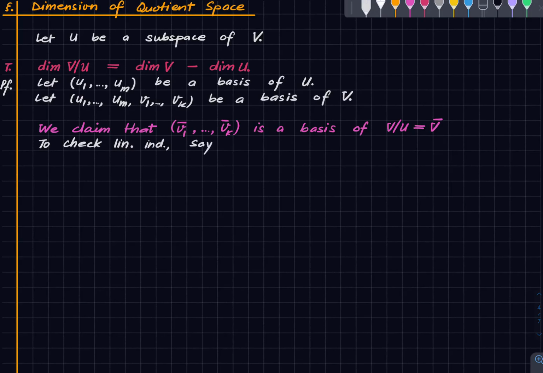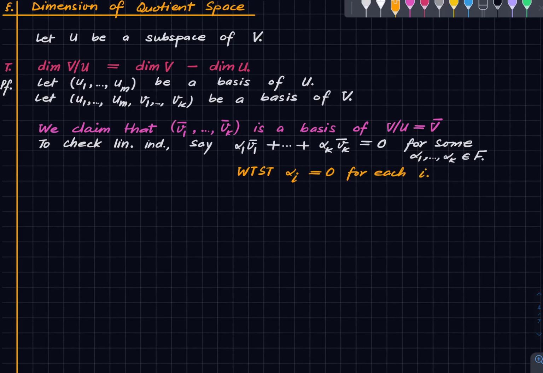say we have a linear combination that vanishes. This is 0 for some scalars alpha 1 up to alpha k. We want to show that each alpha i is 0. So it's straightforward.